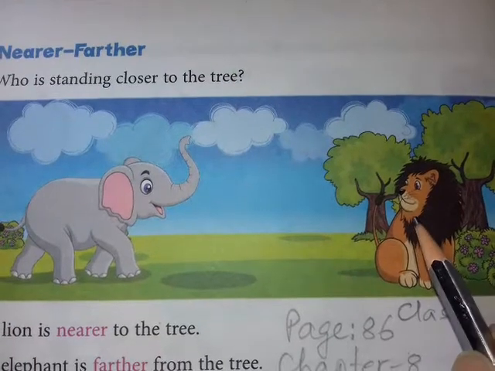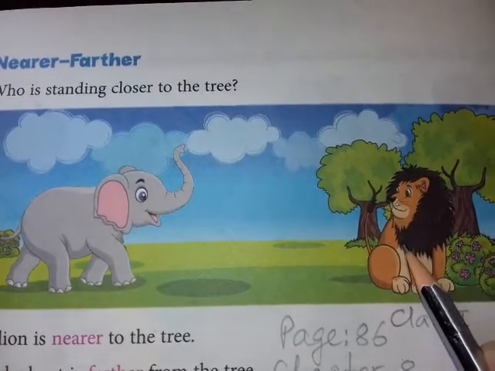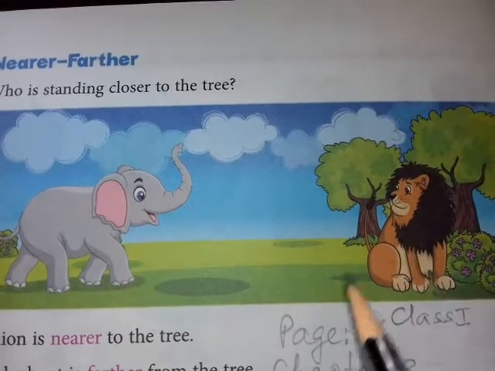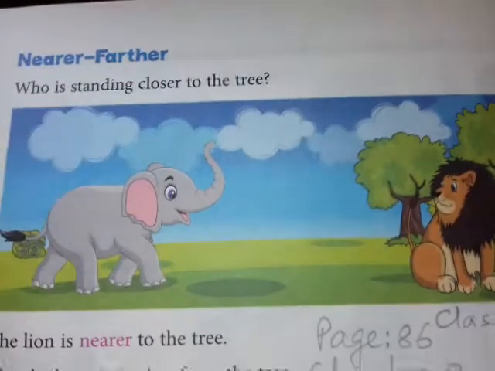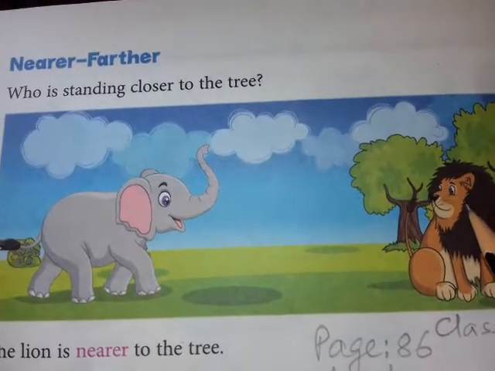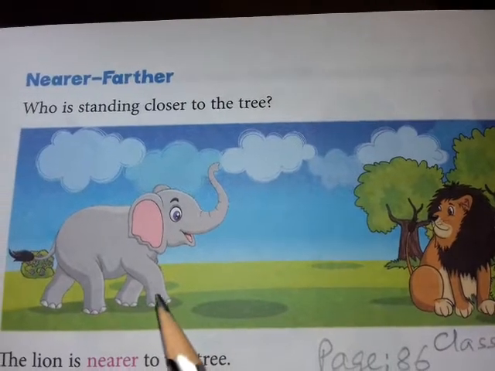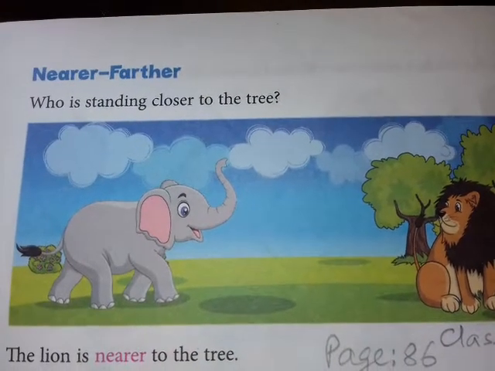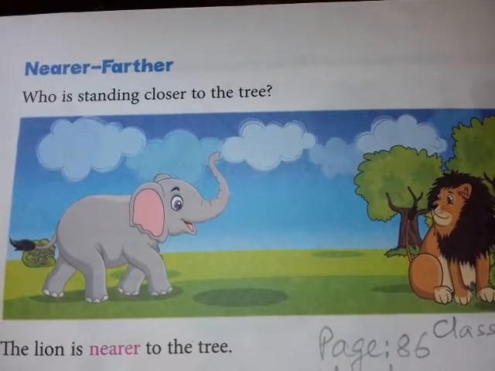Lion is very near to the tree, and the elephant is far away. So we can say lion is nearest to the tree and elephant is farther from the tree.